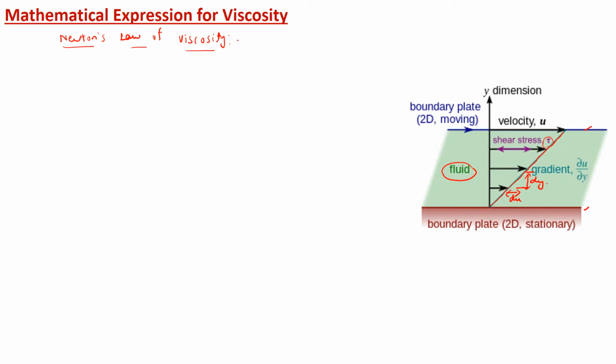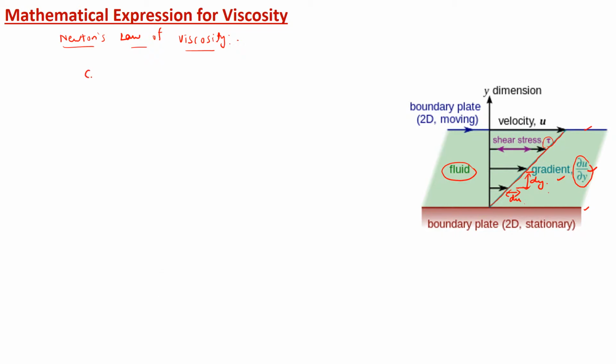So the difference in velocity of two adjacent layers is du, and the difference in level of the two layers is dy, and hence the velocity gradient will be du by dy, or del u by dy if it is the partial derivative.